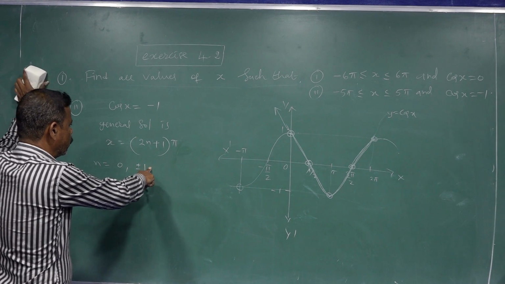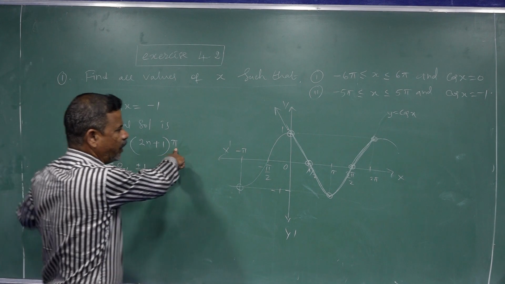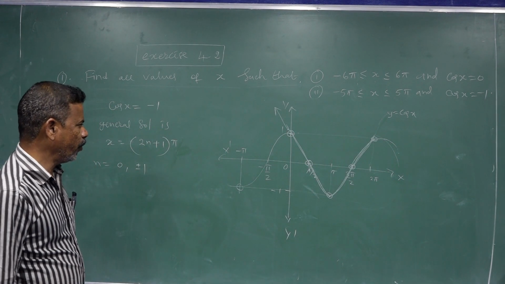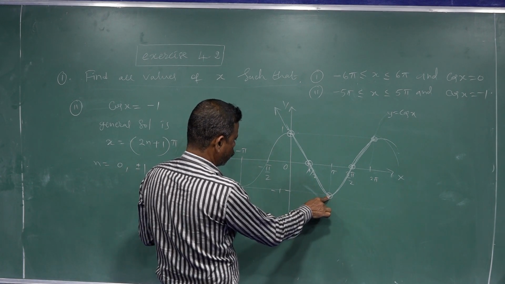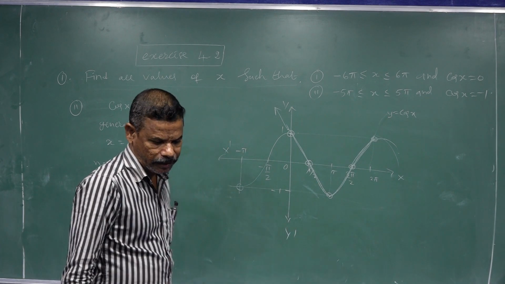You check plus 1, 3π, at 3π again 3π, it is 0 coming. 0 where coming? Minus π to plus π. So gap is 2π. Every 2π gap plus or minus 1 coming.